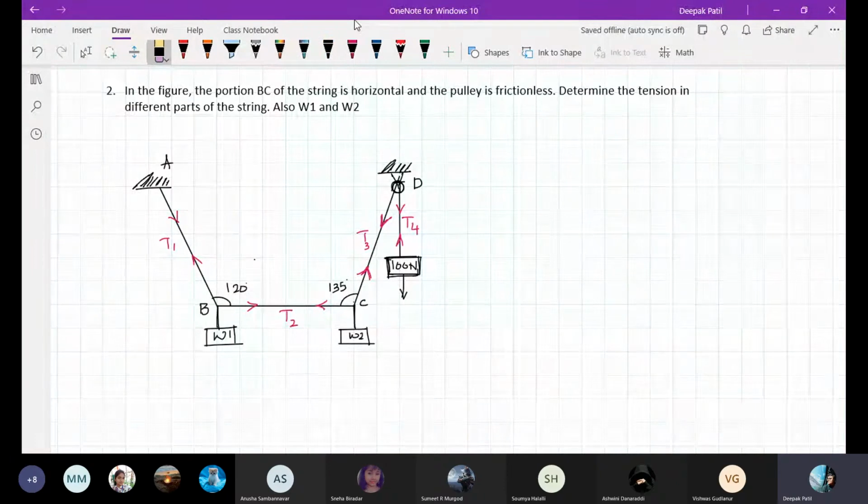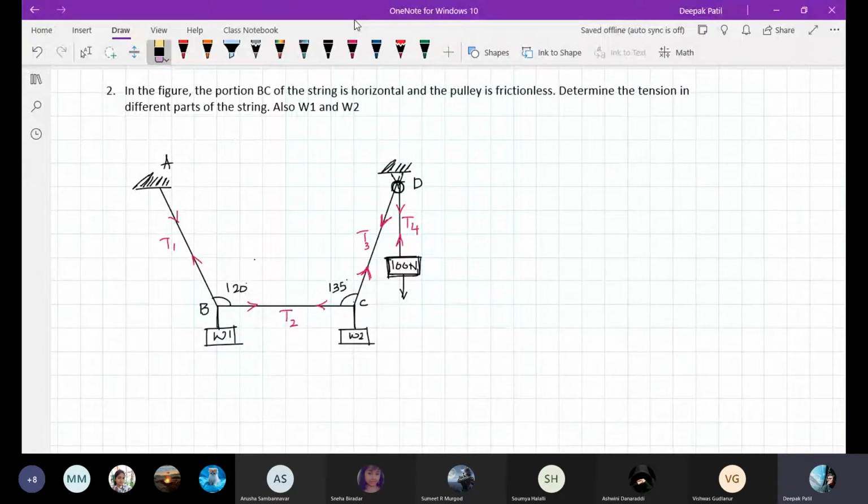In your homes, if you want to take out water from a well without using a pump, you put a rope on a pulley and pull the rope so that the water comes out from the vessel. That pulley is nothing but this one. Sometimes pulleys are frictionless, meaning there is a smooth movement of the rope.